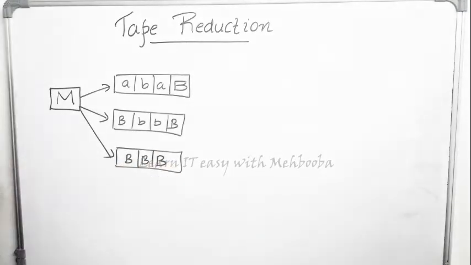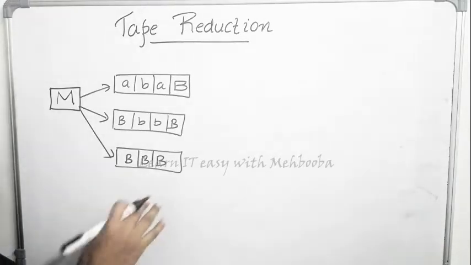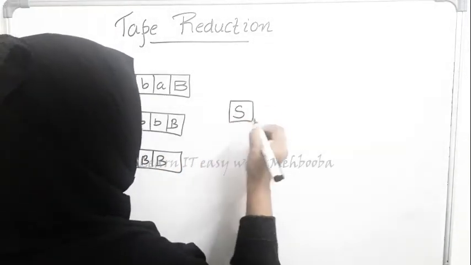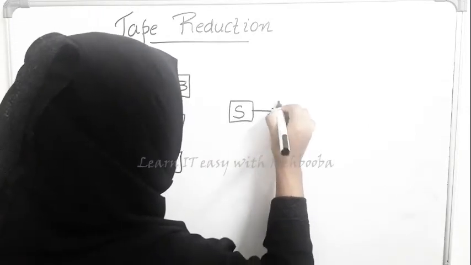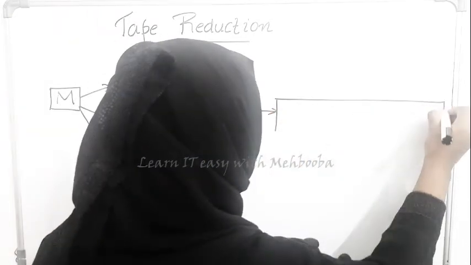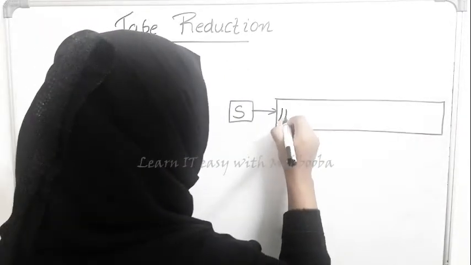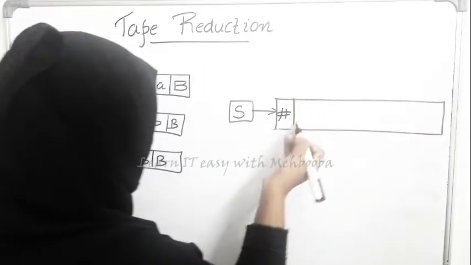Now what we have to do is convert this into a single tape Turing machine, that is, we will be creating a super tape from all this. So we will use a simple delimiter, hash, which indicates the end of the first tape here.